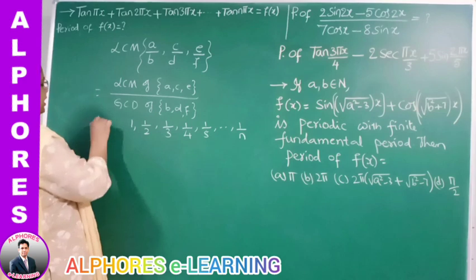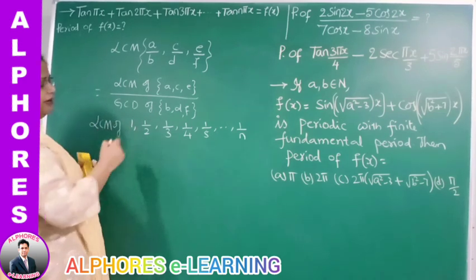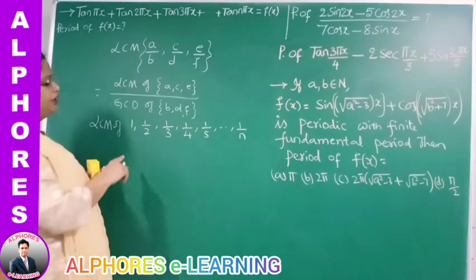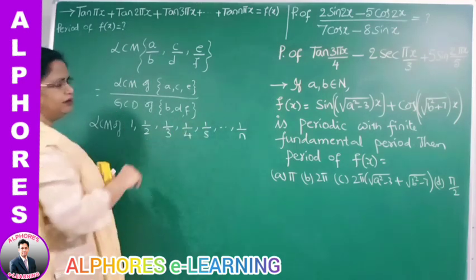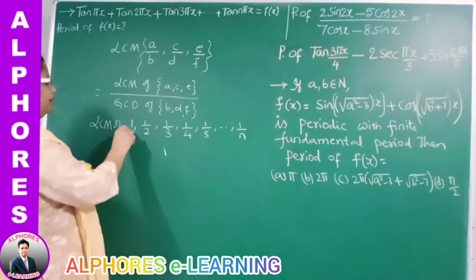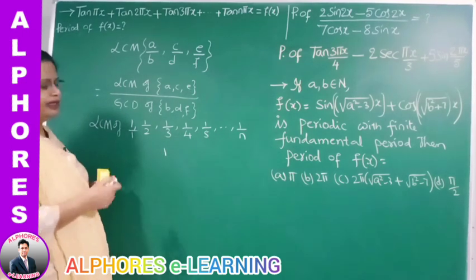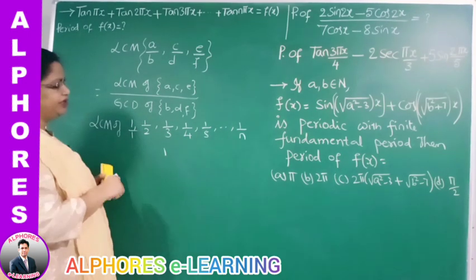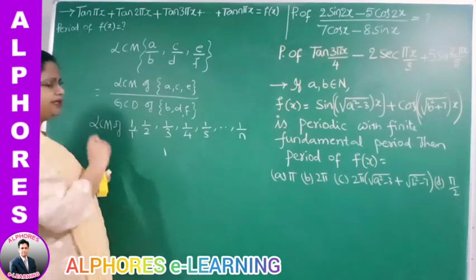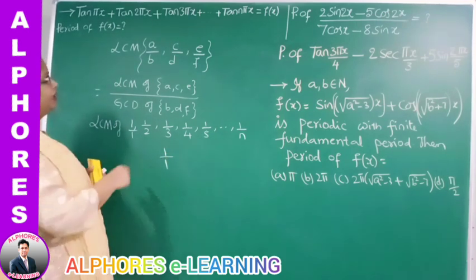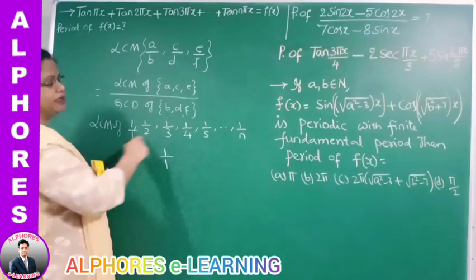Based on this concept, the numerators are all 1, therefore the LCM of the numerators is 1. Then the greatest common divisor of 1, 2, 3, 4, 5 up to n is obviously 1 itself. Therefore it is 1 divided by 1.